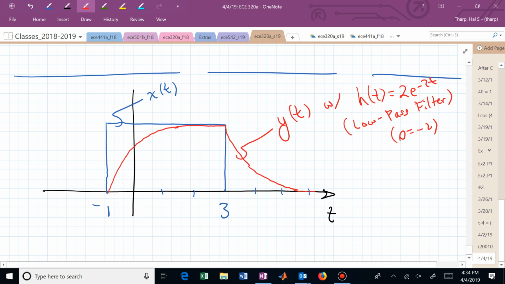If you had a faster filter, a low-pass filter that had a bigger bandwidth, its pole now is at minus 10, where would you expect to see that curve relative to the blue and the red? If you're passing higher frequencies, the next curve, what color am I going to draw it in? Let me use black. Is it going to be closer to the red or closer to the blue if my low-pass filter now has a bandwidth of 10 radians per second?